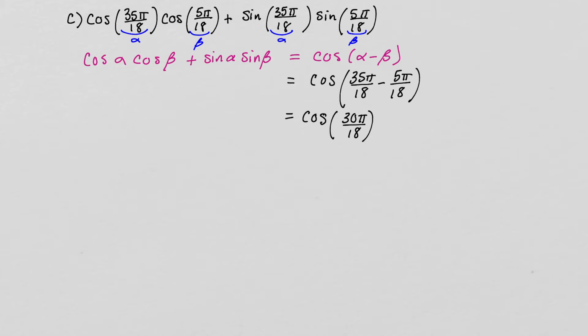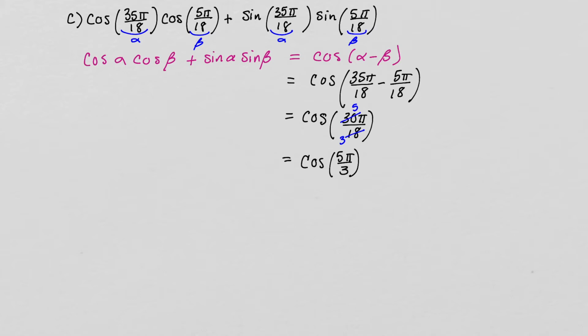But what I would say to you is, well, we might have to reduce 30 pi over 18. So can we think of some number that goes into both 30 and 18? Yeah, 6. So 6 goes into 30 5 times. 6 goes into 18 3 times. So this is really the same as the cosine of 5 pi over 3.